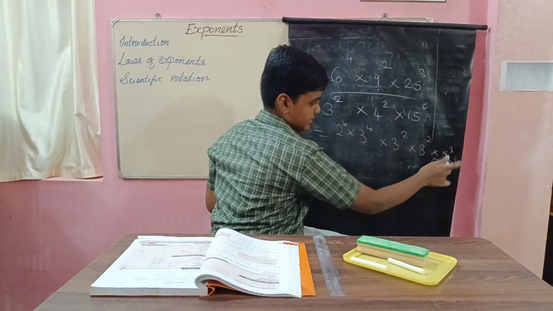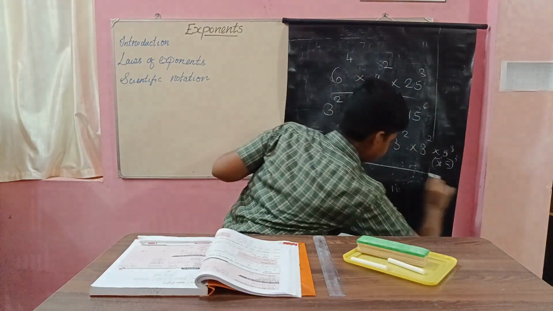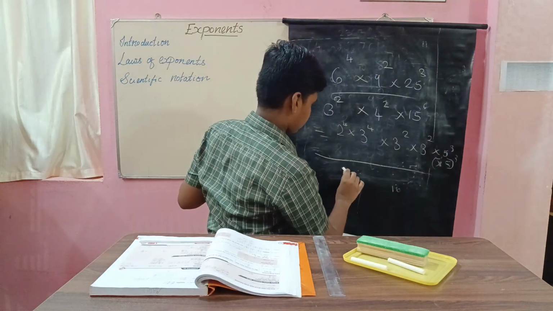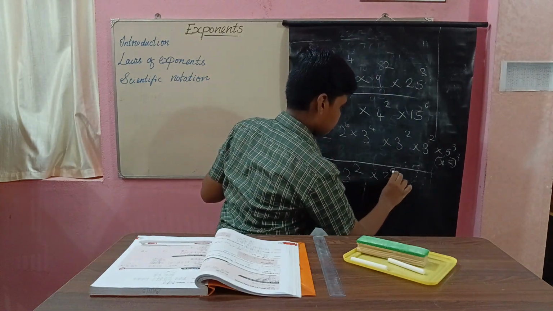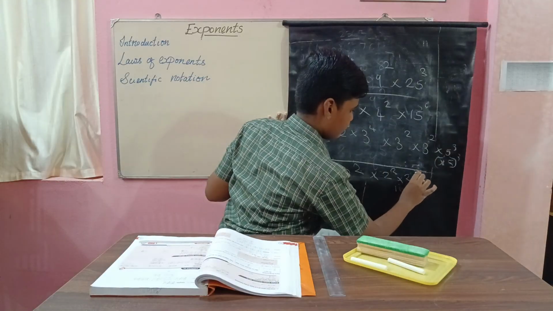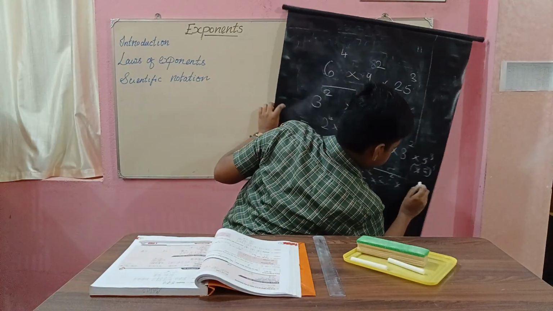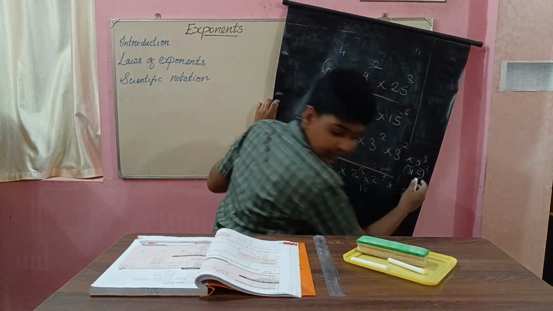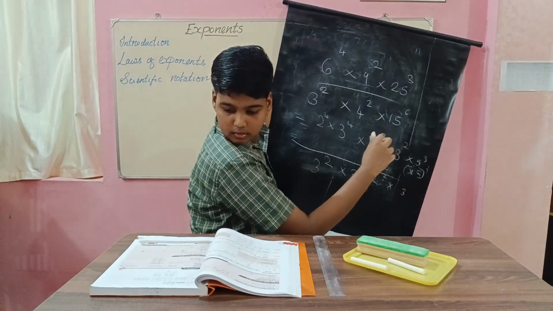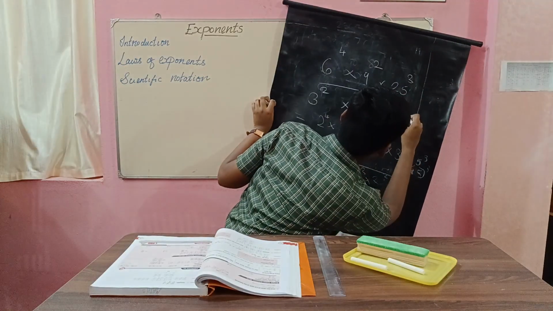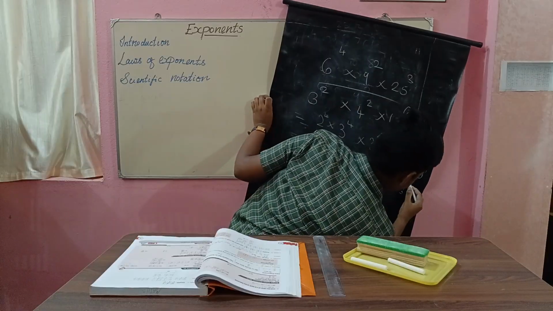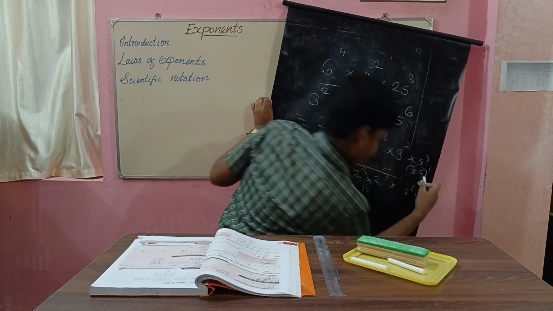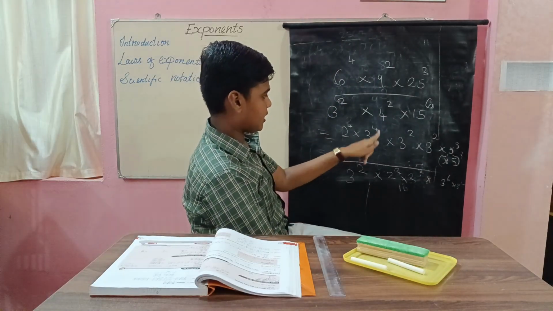Okay, so this comes this side, and this 2, we can't split it into 2, 2 into 2, 2, 3, 4, or 3, 6. So it is 2, 4 into 3, 4.